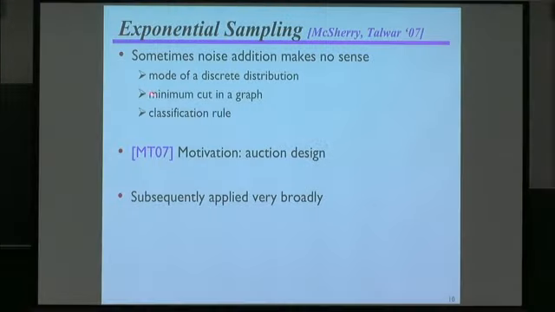There are certainly cases where noise addition simply doesn't make sense. Suppose I've got a discrete distribution, and what I want to know is the mode of the distribution. If I've got some discrete set of outputs, what does it mean to add noise to the mode? It's not a number. It's a category, like African American or something.